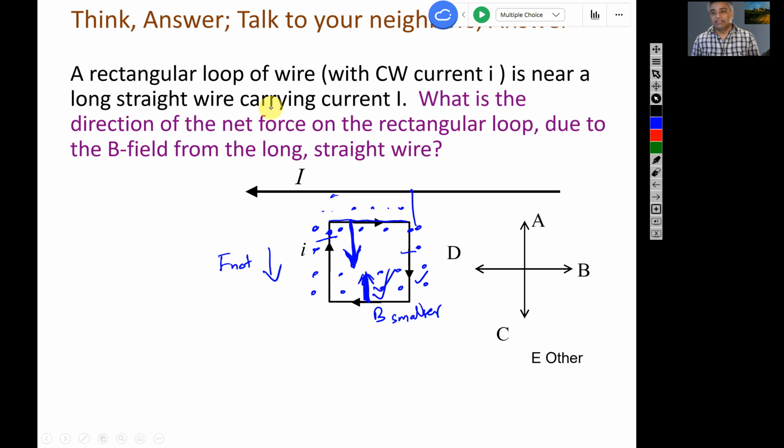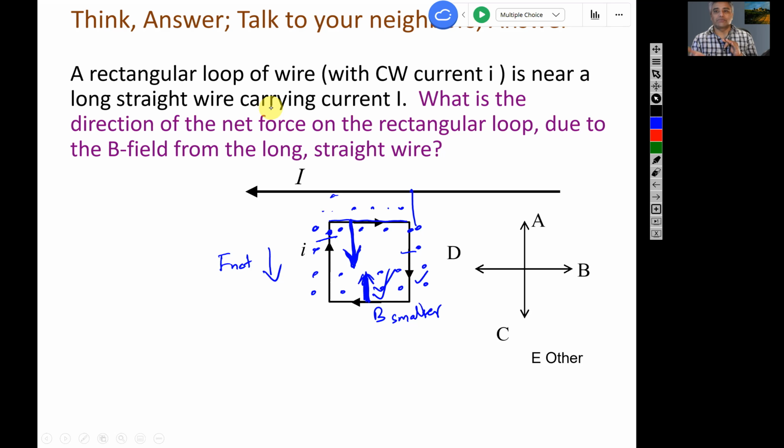Okay, so yes, there is mainly a two-step process. One, you figure out the direction of magnetic field, and then you need to figure out the direction of force.